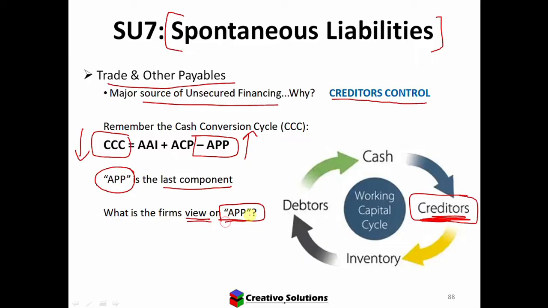If you pay on time, do you get charged interest? No. If they say pay within 30 days, interest free, then pay on day 30 or on day 29. If you're paying on day 31 or 32, then you're getting charged interest. So firms need to look at time, at the period.